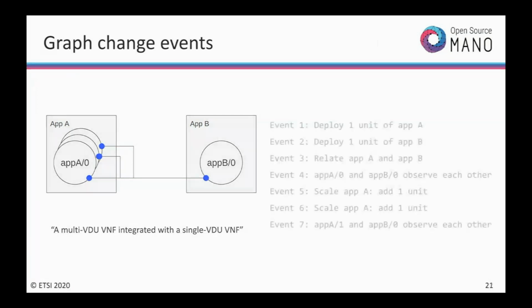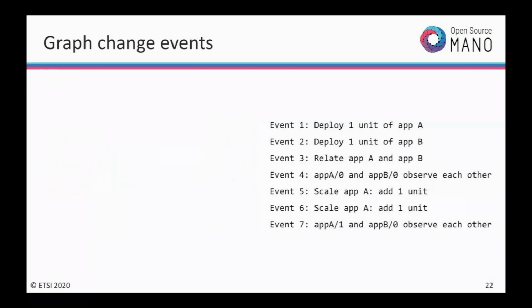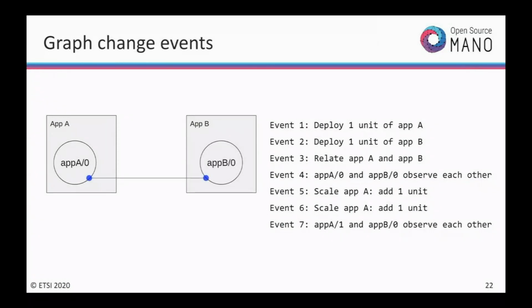And the events that you'll see is that you have the first application deployed, then the second one, they're related to each other. And the 2 initial units first observe each other. And as we add units to the model, the unit of the application B starts observing more units of the application.